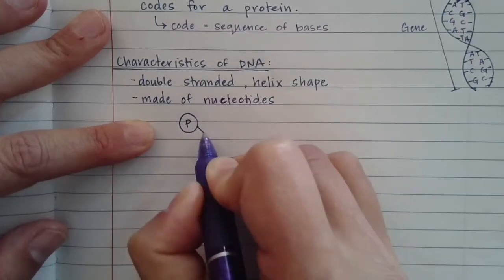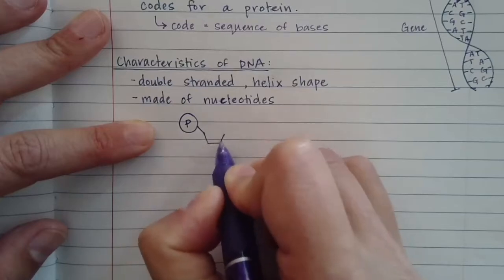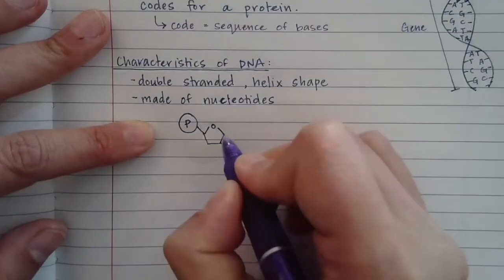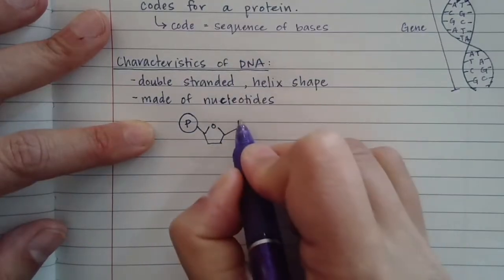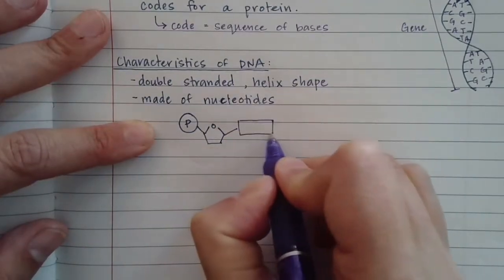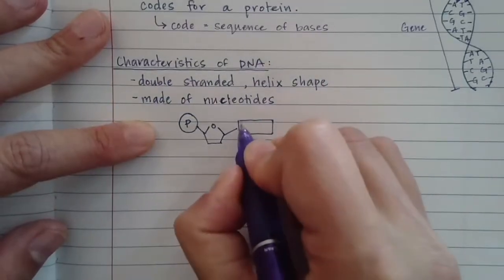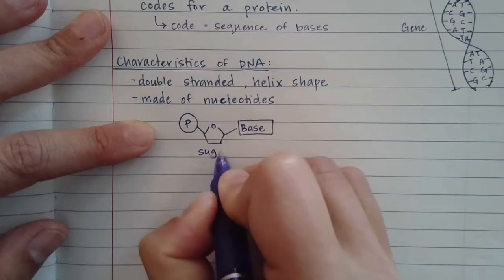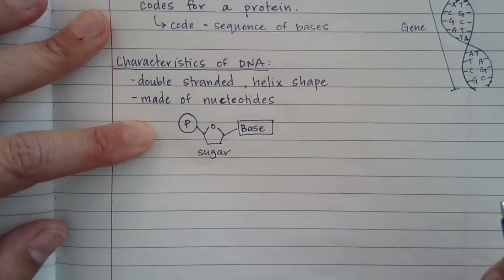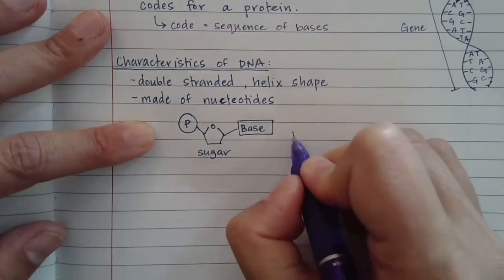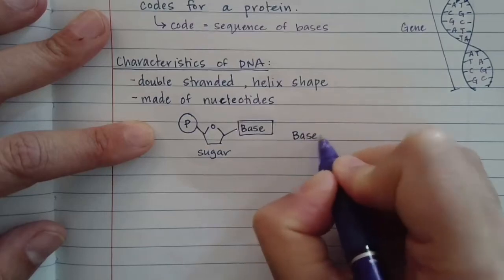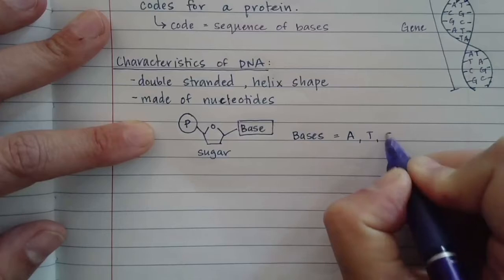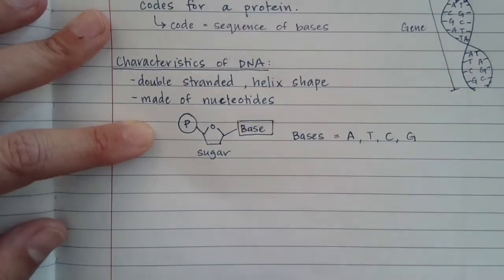They're going to be made of a phosphate, a sugar, and the base. And the options for bases are A's, T's, C's, and G's.